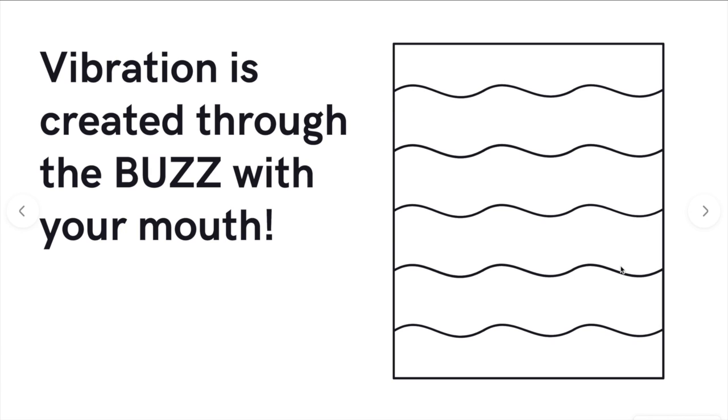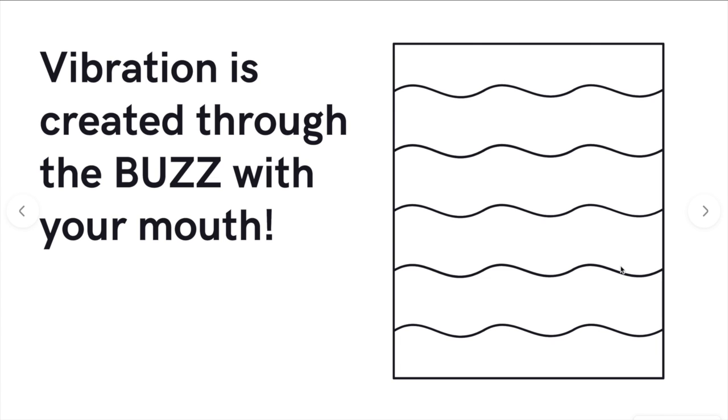If you, right now, say M, like McDonald's, M, and then keep your mouth like that, but push air through it. You can either have a smaller, faster buzz, which would be the higher instruments, or you can have a nice, loose buzz, which would be the lower ones.